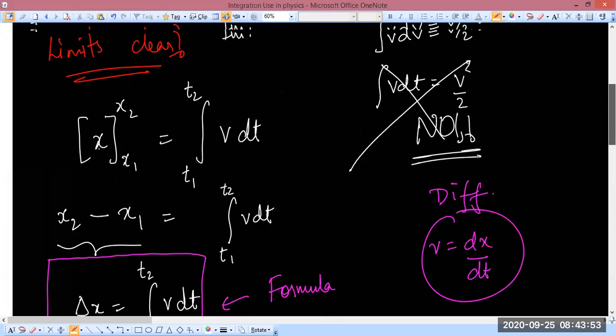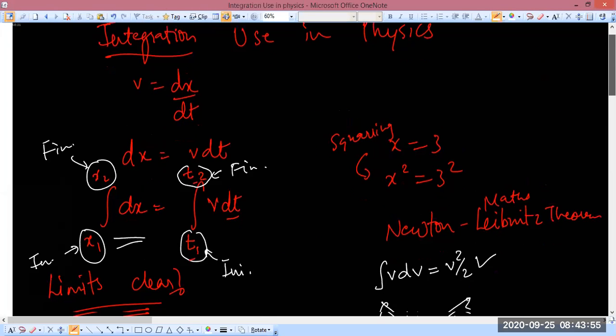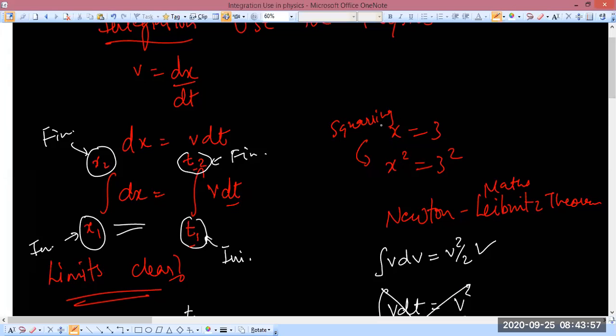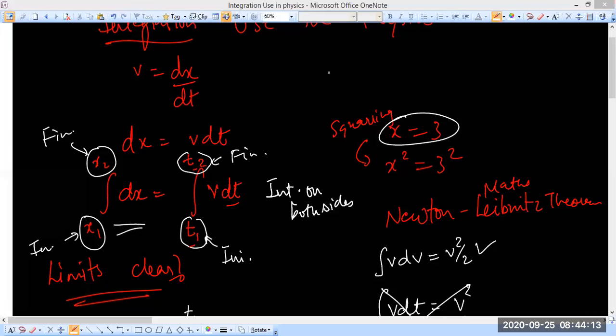We did all this procedure. Look at this, Nandini. Just like you can square both sides if x is 3 and write this, so just like that, if dx is v dt, you can do integration on both sides. Here we have done integration on both sides, right? What is meant by v dt?